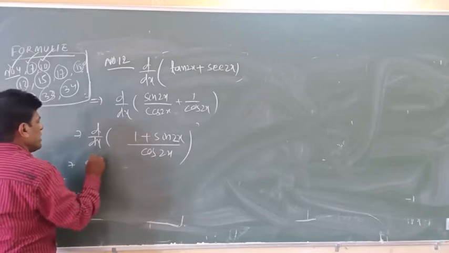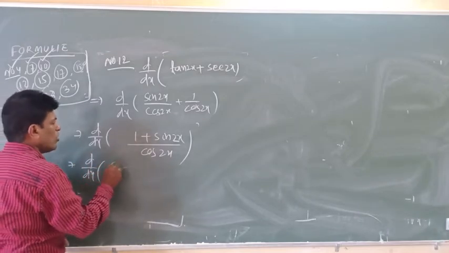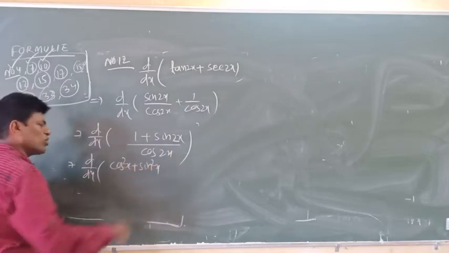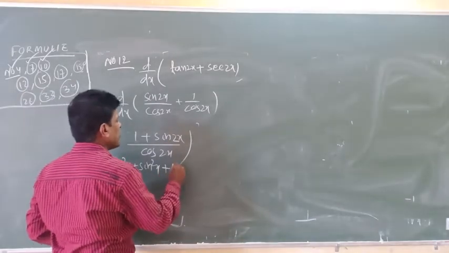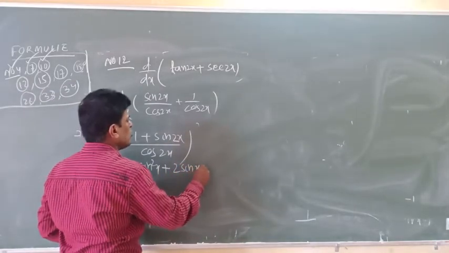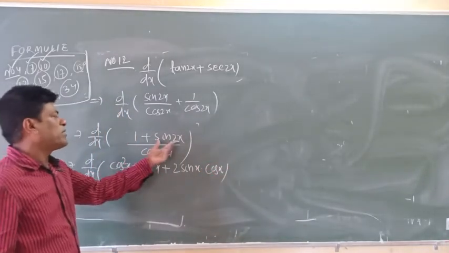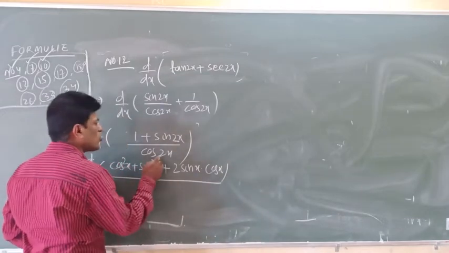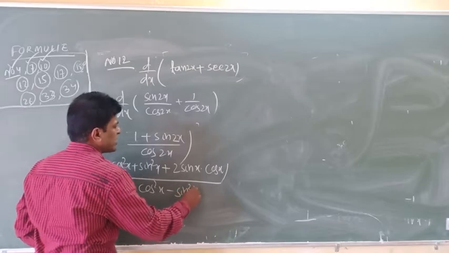Now d by dx of, for 1, the value of 1 is equal to cos square x plus sin square x. You can also write sin square x plus cos square x, no doubt, plus sin 2x is equal to 2 sin x into cos x. You know very well the formula: sin 2x is equal to 2 sin x into cos x, divided by cos 2x is equal to cos square x minus sin square x.